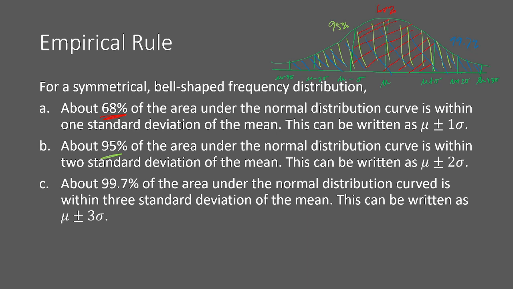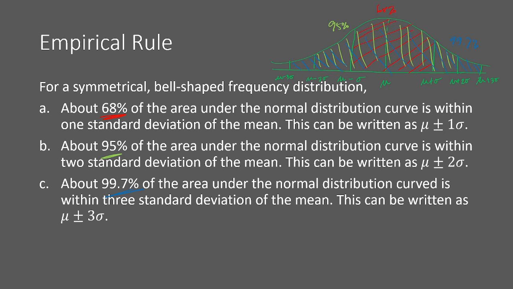So kung yung Chebyshev's natin, we have here the 75% and the 88.89%. For the empirical rule, we will be having here our 68% for plus and minus 1 sigma, 95% for plus and minus 2 sigma, and 99.7% for plus and minus 3 sigma from our population mean. So that is our empirical rule.